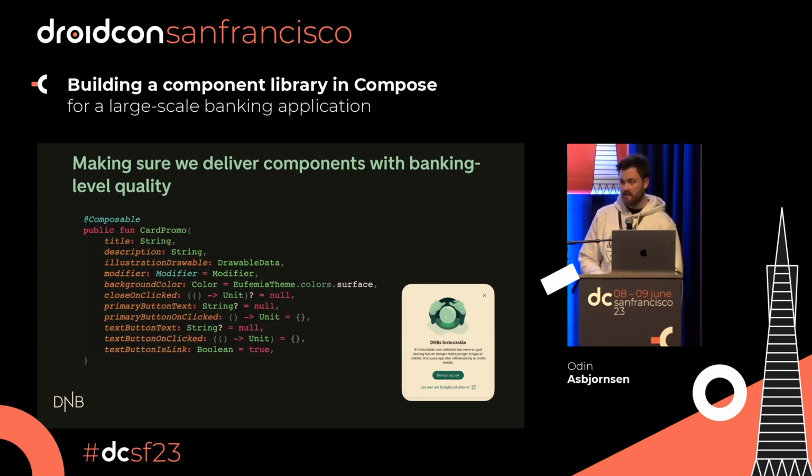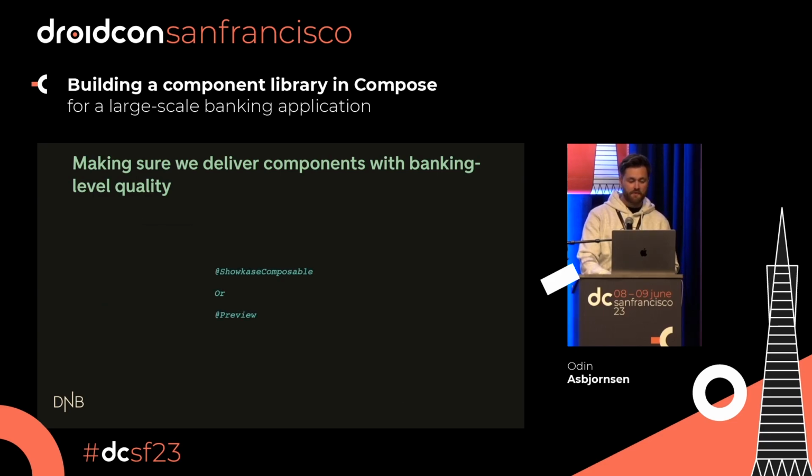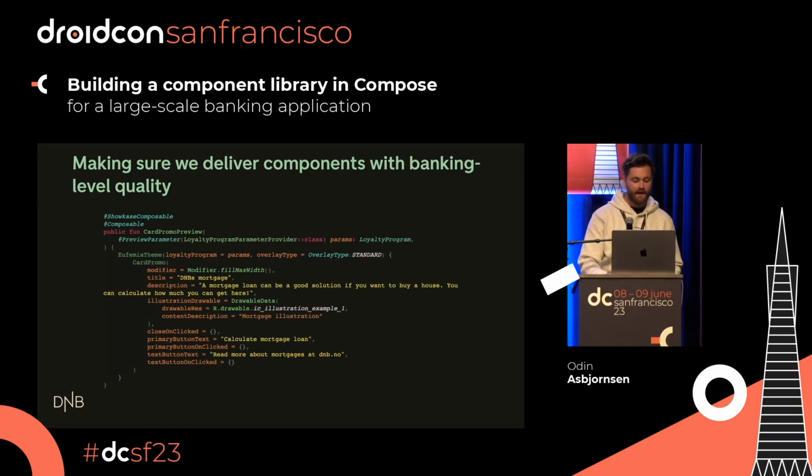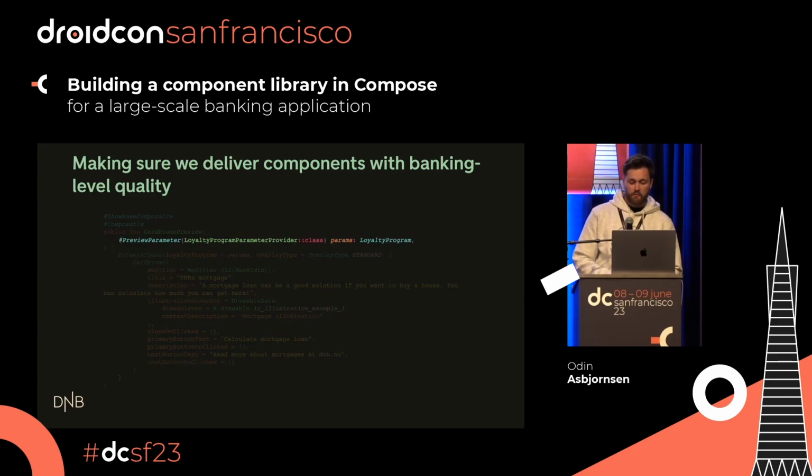For instance, we had a function like this, card promo, and if we wanted to make this into our APK, you could just add the showcase composable or preview to this, and then you can make a preview like this, and it will add it to this APK. Here you can also add something called preview parameter provider, which we set to our loyalty program. This means that you will get a page with all of these different loyalty programs as well.